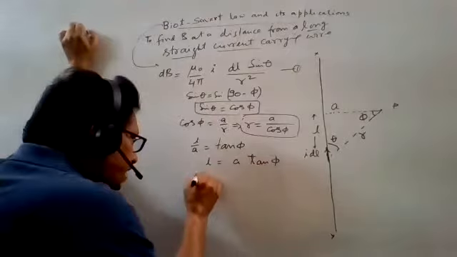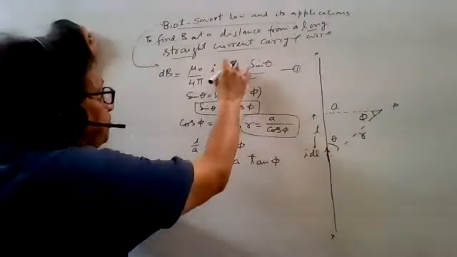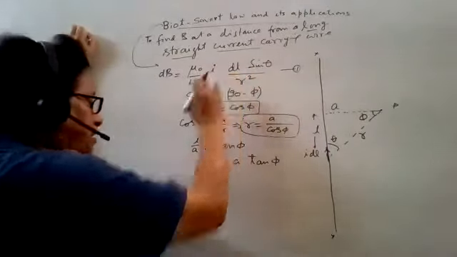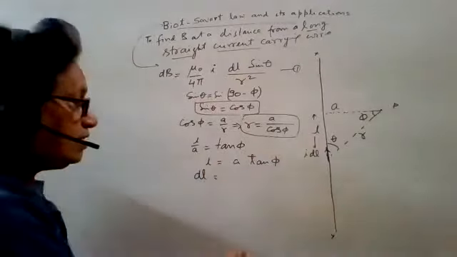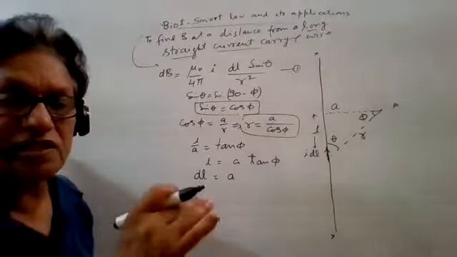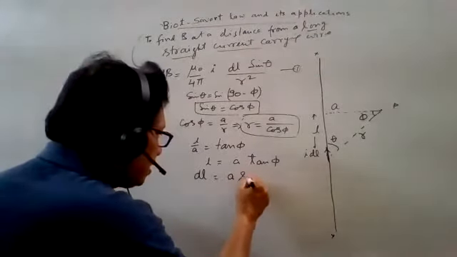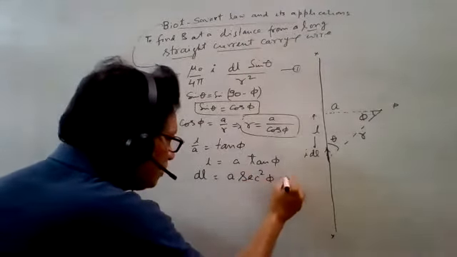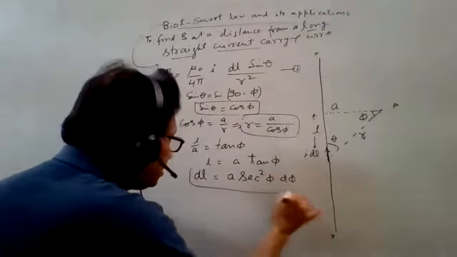If you differentiate, you'll get dl, because here we have to replace not L but dl. Differentiation of tan phi is sec square phi. So this is another replacement.